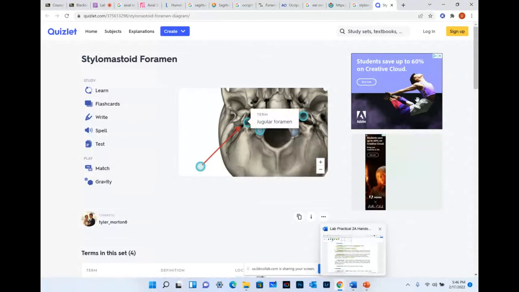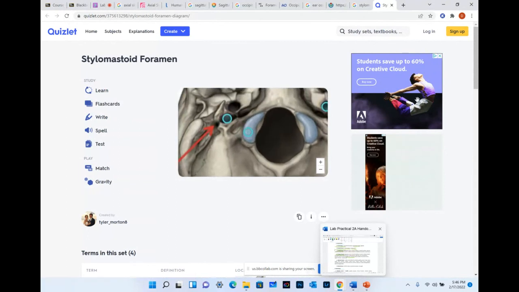This is the mastoid foramen. Oh, sorry, this is the mastoid process. This is the styloid process. And in between the two, you see this hole?